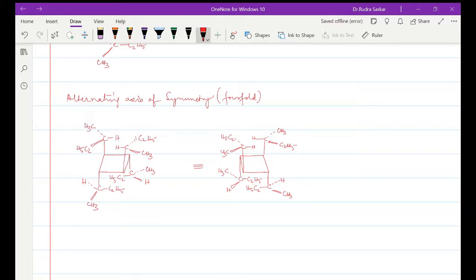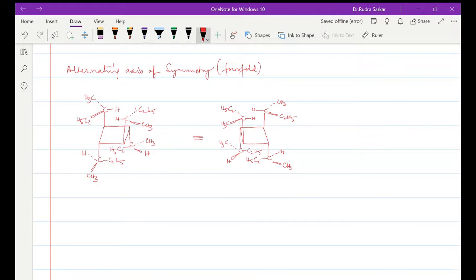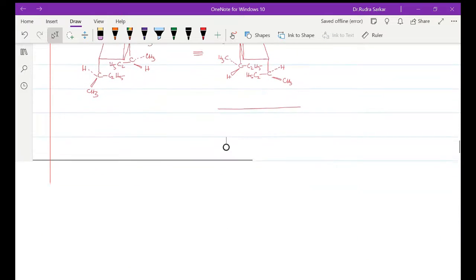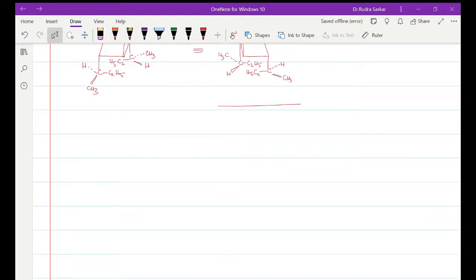And now if you were to invert this molecule upside down, then what you are going to get will be exactly the molecule that was written before.